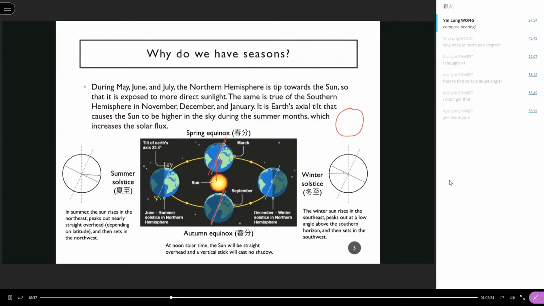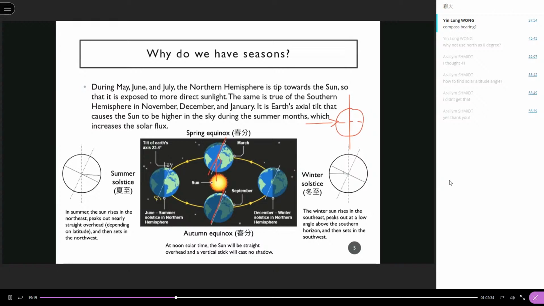On these 2 days, the sunlight will be hitting the equator. So this is the pole-to-pole axis, the North Pole and the South Pole. In March and September, where the pole-to-pole axis is perpendicular to the line joining the Earth and the sun, the sunlight will be hitting the equator perpendicularly, like this.